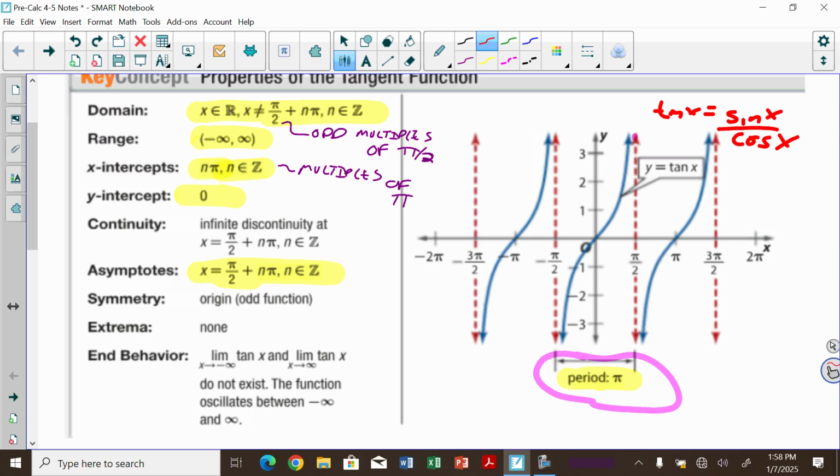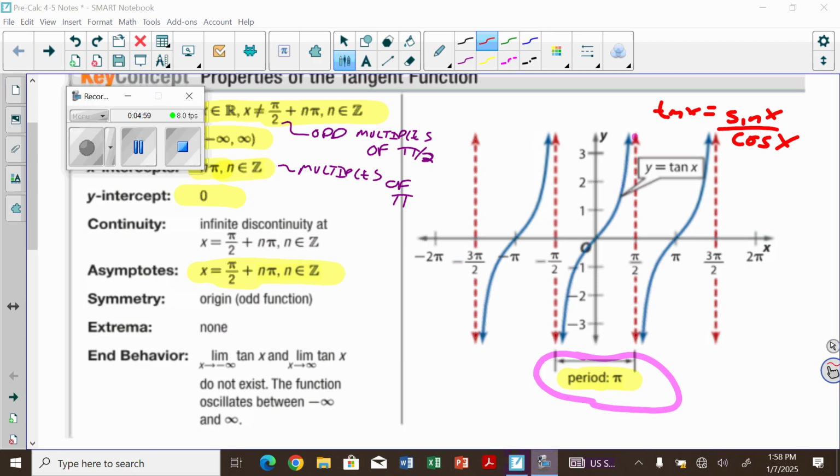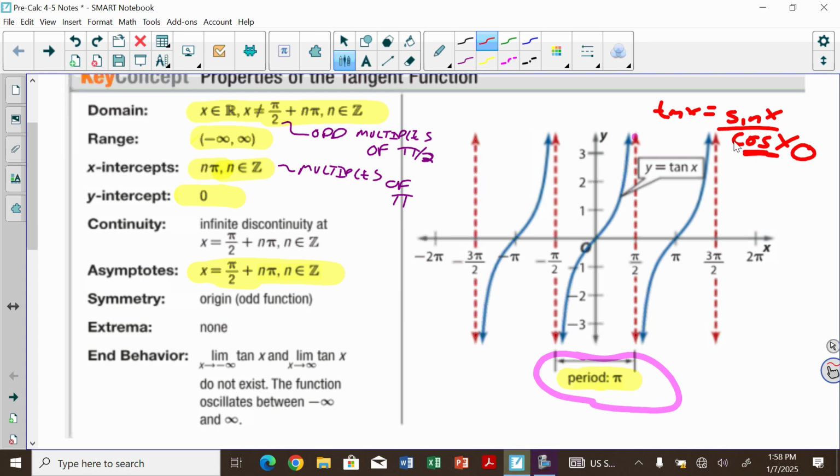So when cosine is 0, we know it's undefined. Where are the values in which cosine is 0? That would be right here, here, and here. That's why we can't have a value there.